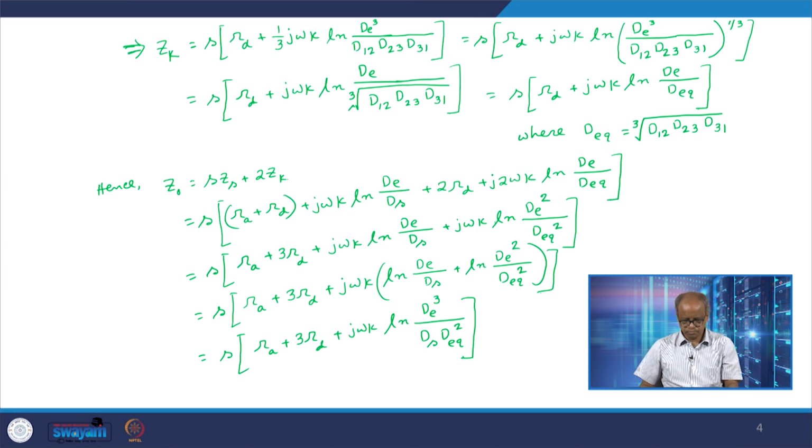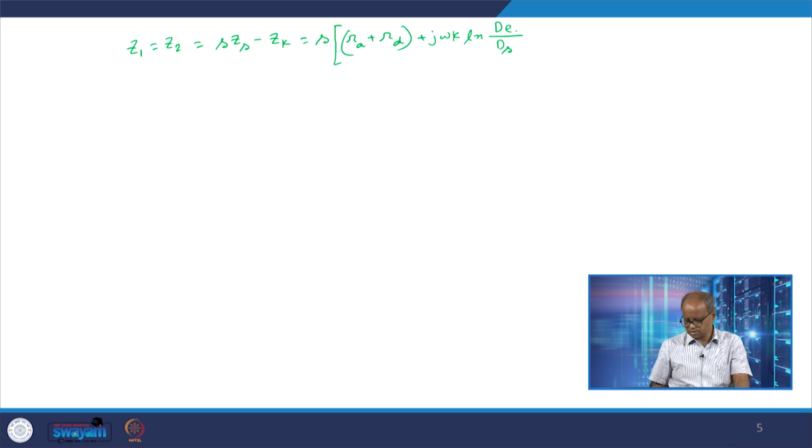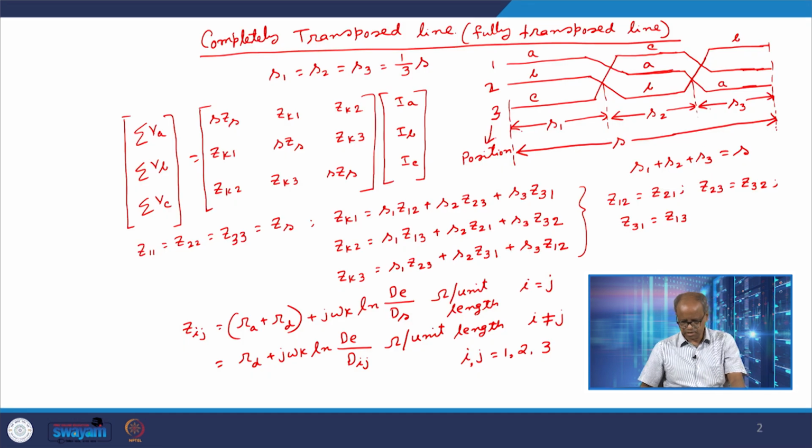So, this is the Zs, so s into Ra plus Rd plus j omega k log dE by ds.